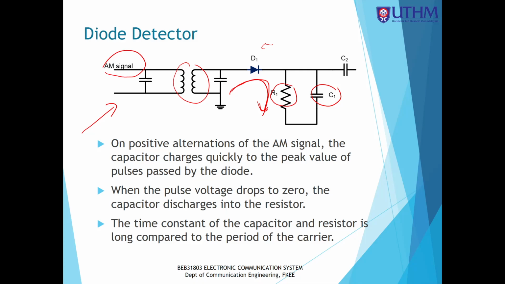This RC tank circuit will delay the degradation of the signal to produce the other half of the signal during the reverse bias.